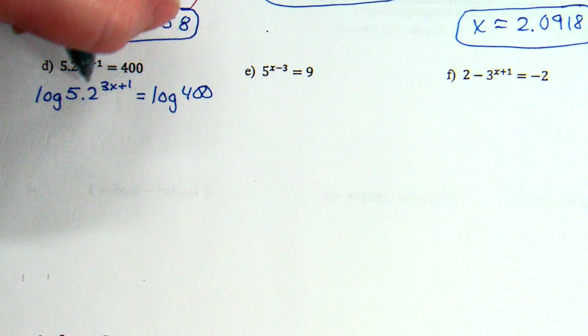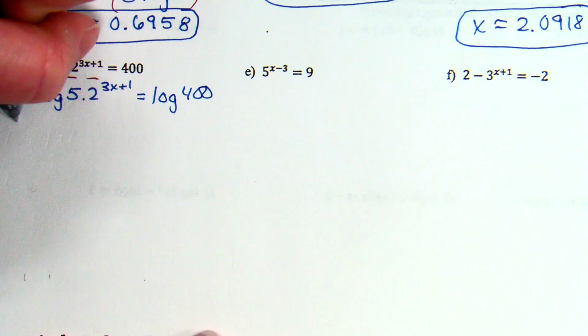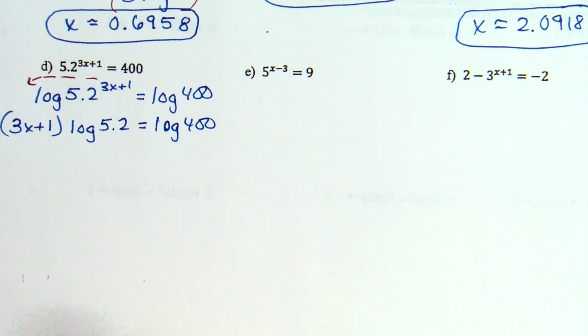Okay. It's still using the power property and moving the power out front. So when we move that power out front, the power moving out front is 3x plus 1. So I now have 3x plus 1 times the log of 5.2, and it still equals the log of 400.